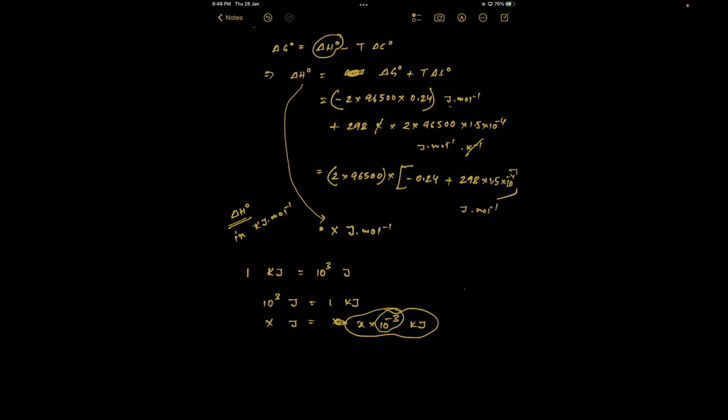Whatever value you have got for ΔH0 in joule mole inverse unit, to convert it from joule to kilojoule, you have to just multiply by 10 to the power minus 3. Then you will get the value of ΔH0 in kilojoule mole inverse unit. Is it clear? For all the unit conversion and these things? Yes, sir. Okay.